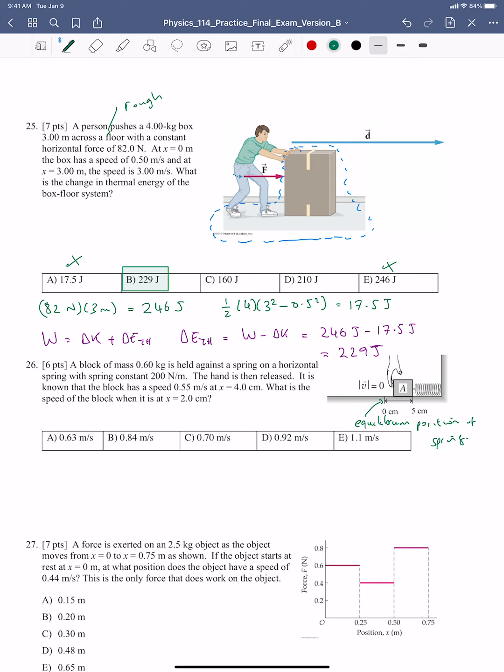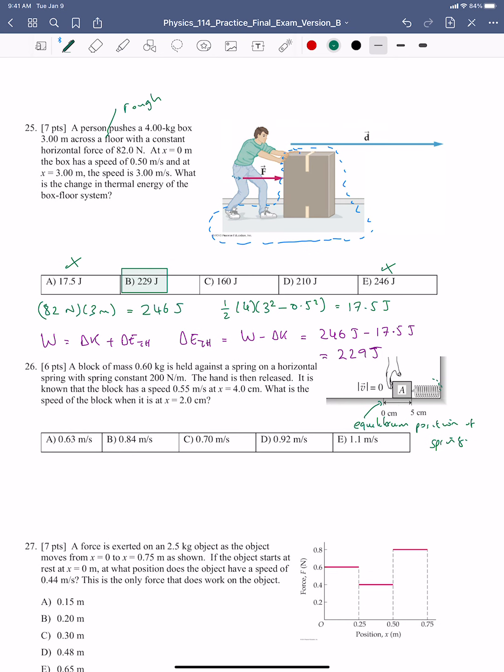And that energy will go into, if I pick the system of the spring and the block after release, whatever decrease in potential energy there is, there's going to be an increase in kinetic energy. There's no work done on that system. All the external forces don't do any work. So there's a nice conversion of spring potential to kinetic energy. And there's a small nuanced thing here.